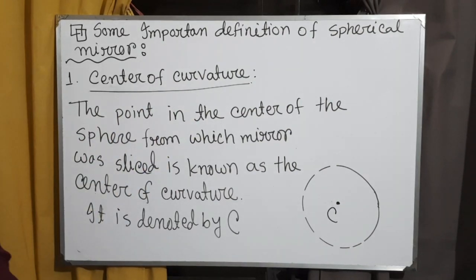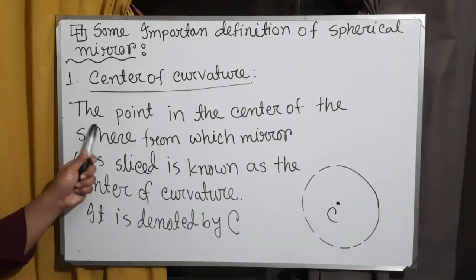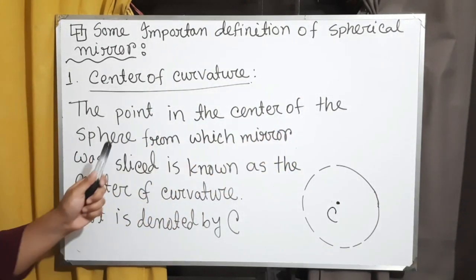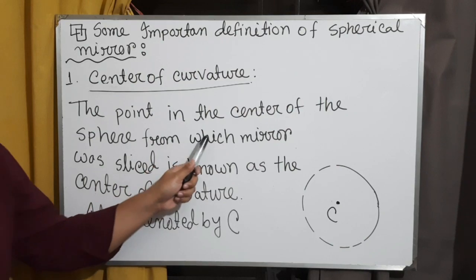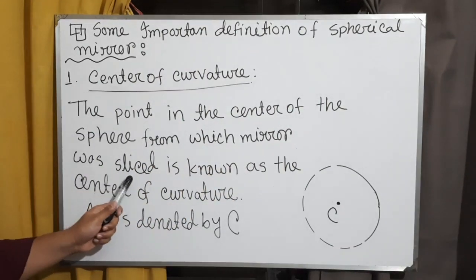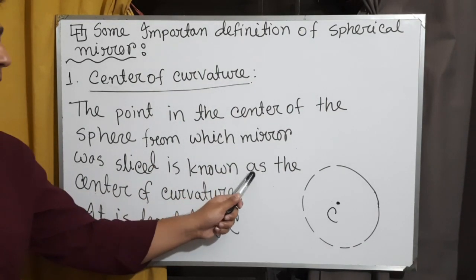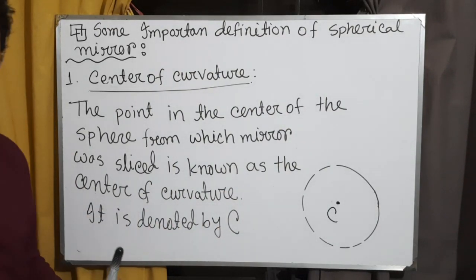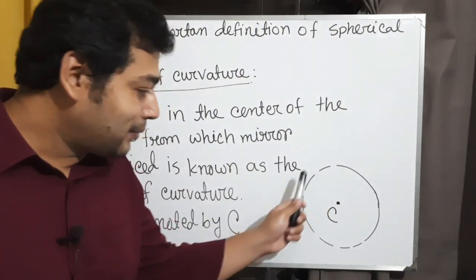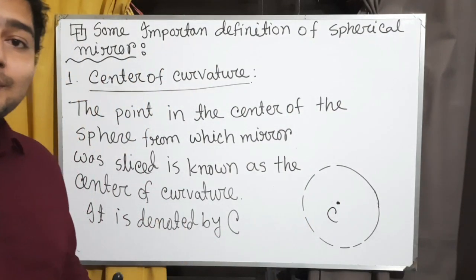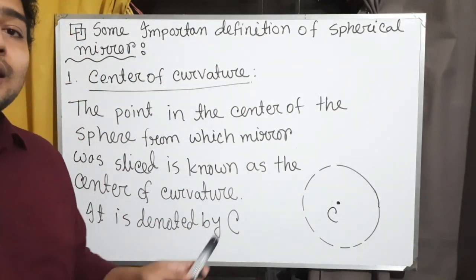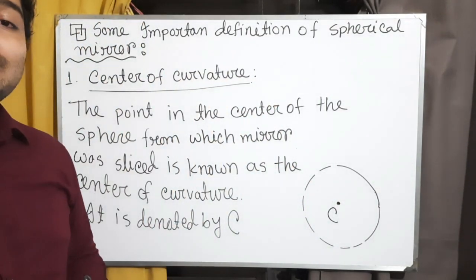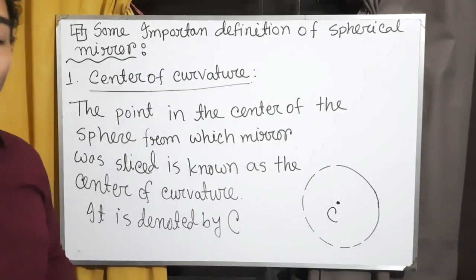So what is the center of curvature? The point at the center of the sphere from which the mirror was sliced is known as the center of curvature. It is denoted by C. In our previous topic we said that a spherical mirror comes from a hollow sphere.